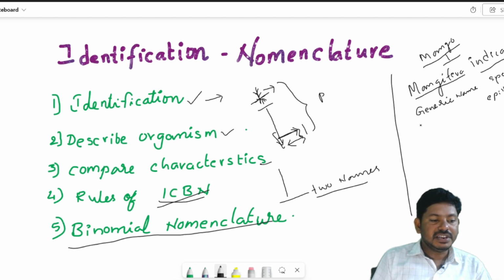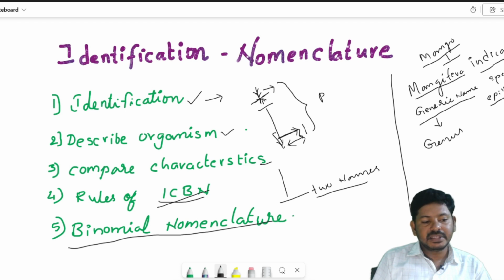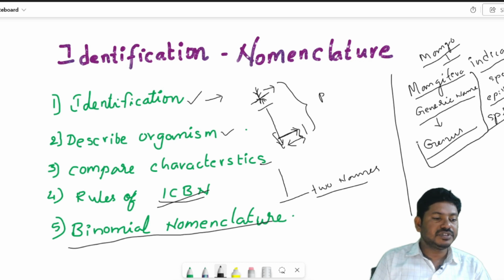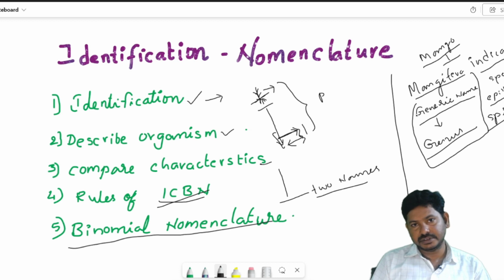The generic name is nothing but the genus, and the specific epithet is nothing but the species. These two components are why the system of naming is called binomial nomenclature.